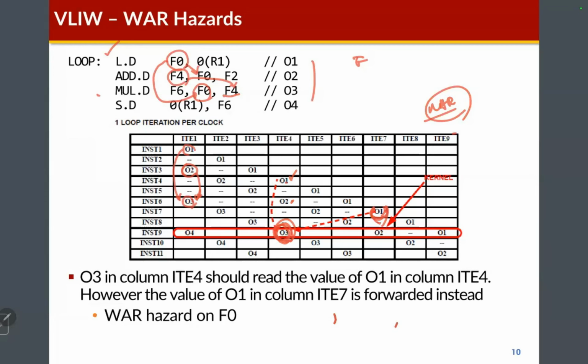We need to avoid this case. And this is a somewhat more complex situation, where I try to apply some register renaming. So actually, the compiler needs to analyze the lifetime of the register in this case.